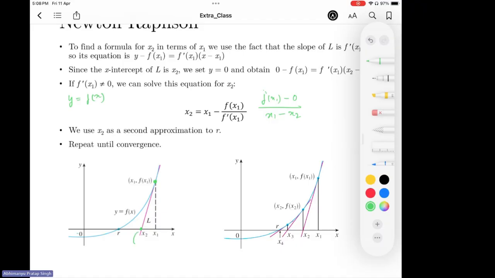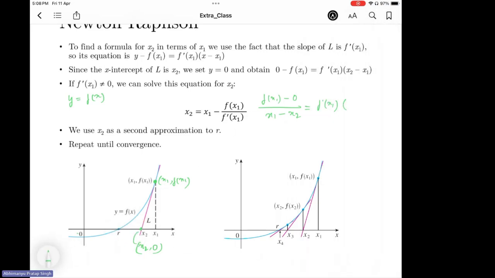So this point is basically x2 comma 0, and this point is x1 comma f(x1). Right? And then the slope would be f prime of x1.